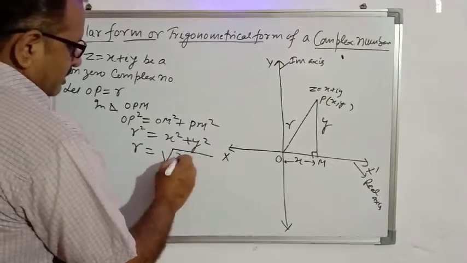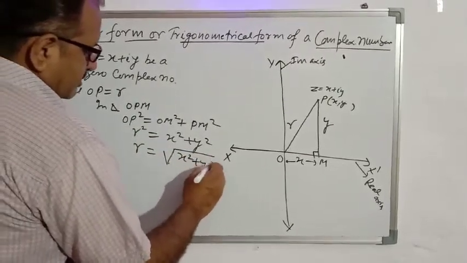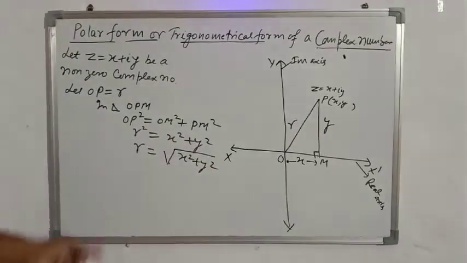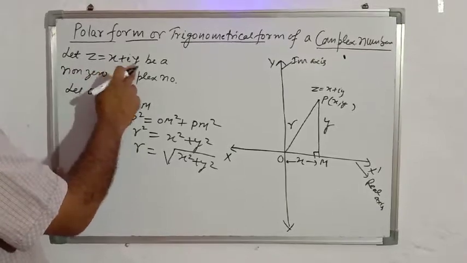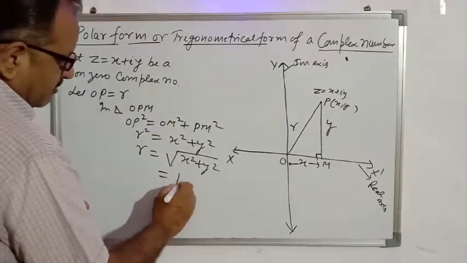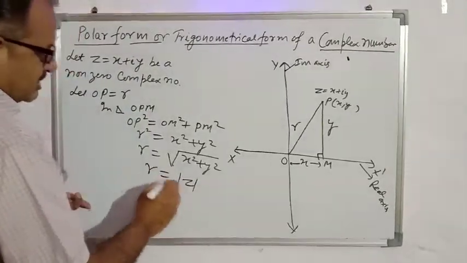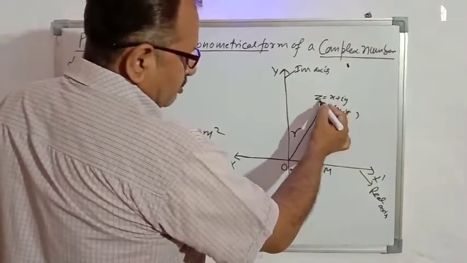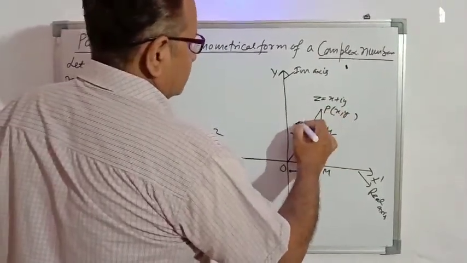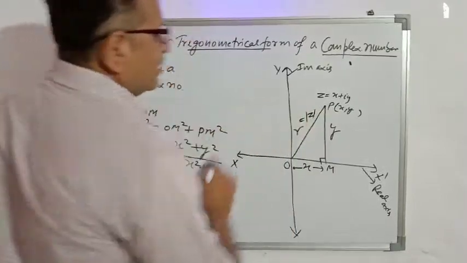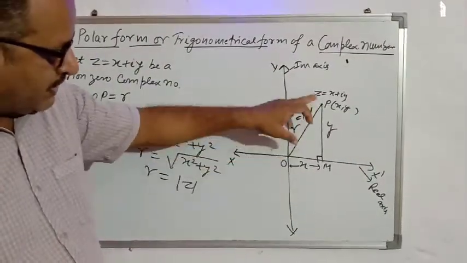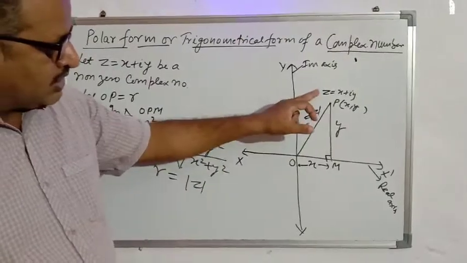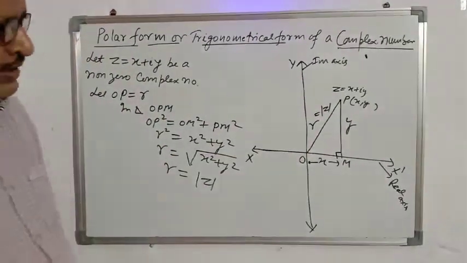Under root x square plus y square. And what is the mod of z here? Mod of z will also be under root x square plus y square. So this r represents the modulus of complex number z. The length OP represents the modulus of complex number z.